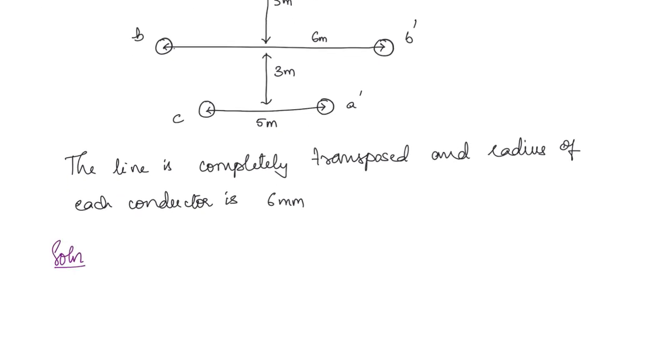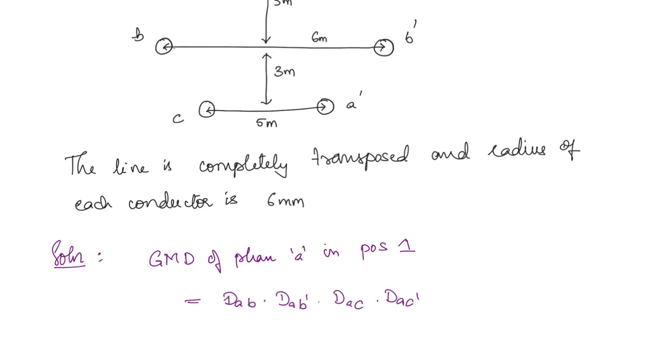Since the line is completely transposed, the GMD for any phase is the same, okay? So we will take the phase A and we will find out. First, GMD of phase A when in position 1, right? That means in the present position, no change. So this is equal to the distance between A and B, A and B dash, A and C, A and C dash.